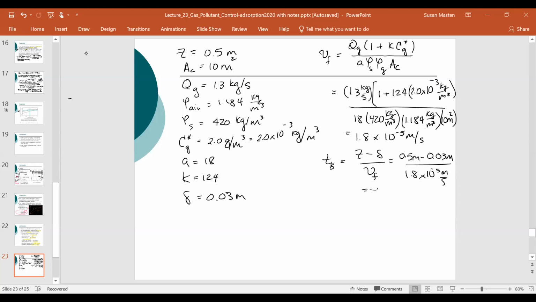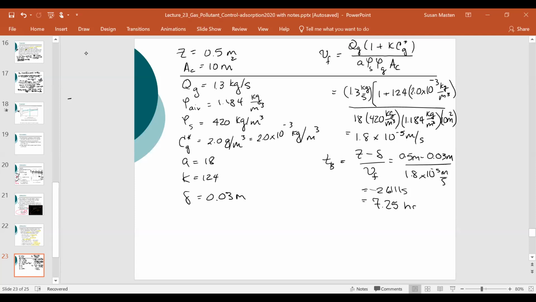And that is equal to 26,111 seconds, or 7.25 hours. So that would mean every roughly 7.25 hours, we would need to shut down the bed and we would regenerate. Now, could we lengthen that?